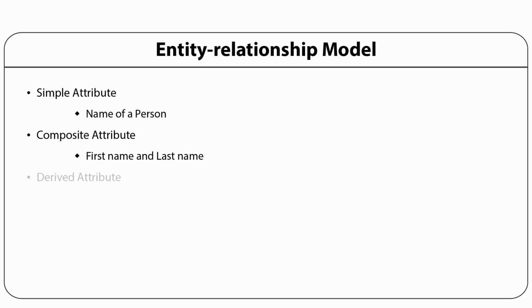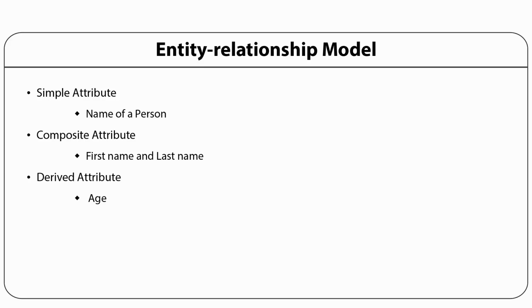Then we have a derived attribute, for example age. If you know a person's date of birth, you can easily compute the age of the person. So it is a derived attribute: you derive the value of the field from some other field.